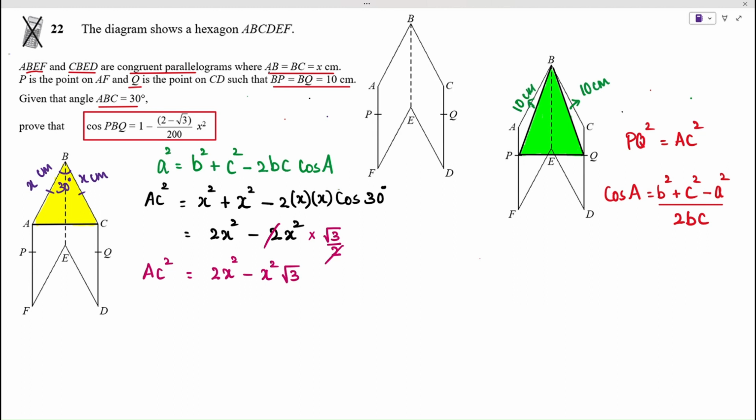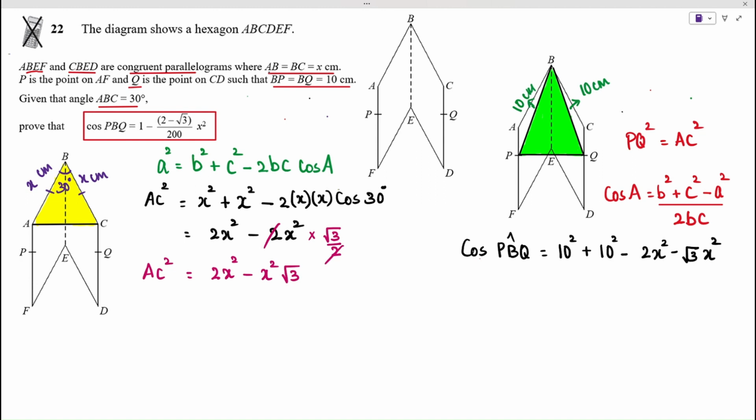So we get cos of PBQ, taking PBQ as angle A here, equal to 10 squared plus 10 squared minus, and then we have a squared here, which is whatever AC squared is. So that's 2x squared minus x squared root 3.